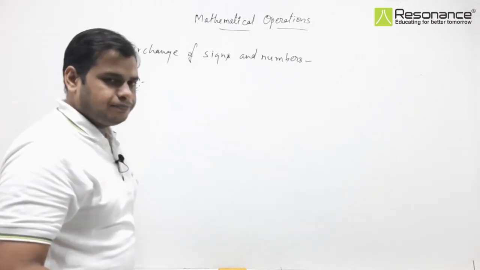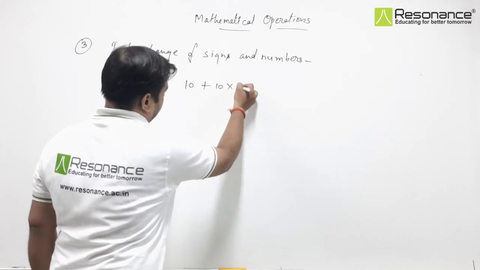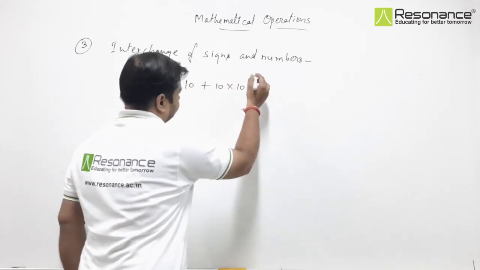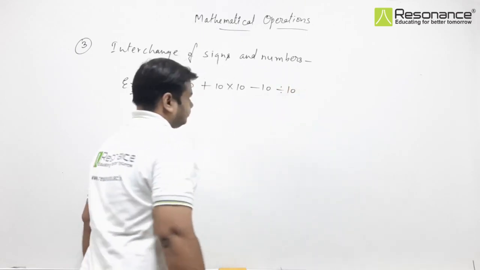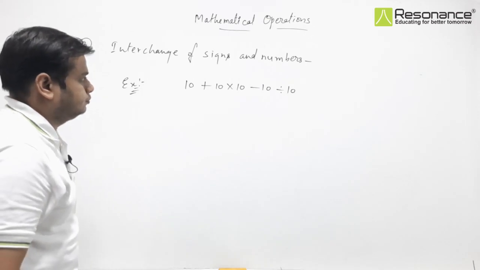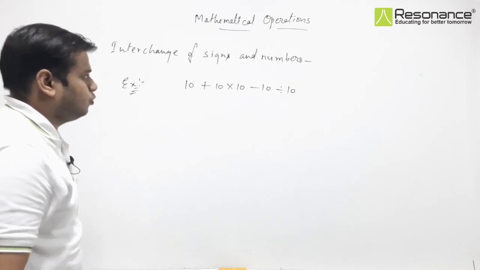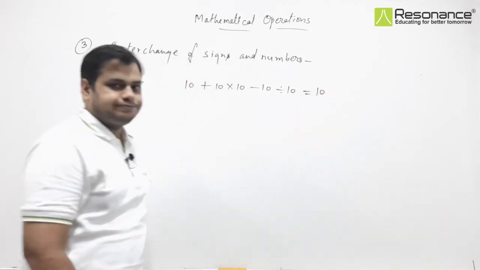We can understand with an example. Suppose we are given a simple equation: 10 plus 10 multiplied by 10 minus 10 divided by 10. Okay, and the solution of this equation is given as 10.